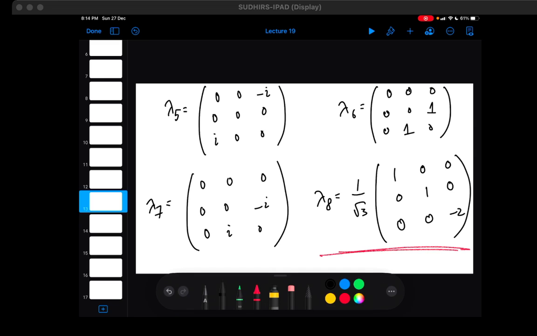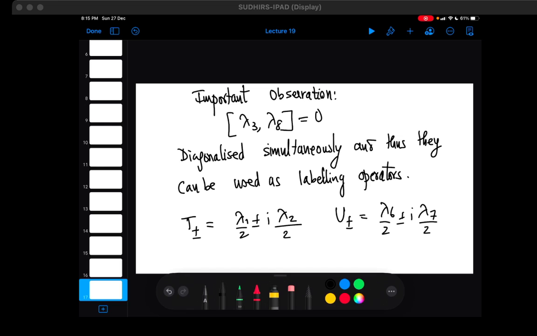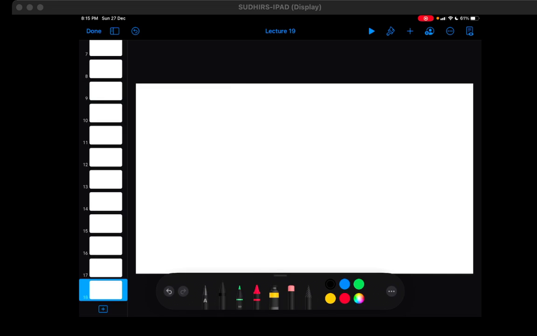So you have one corresponding to the bottom block, another corresponding to 1 and 3, and 1 and 2 already has one. So you have the third raising and lowering operator. Let me call this V plus minus, equal to lambda 4 by 2 plus minus i lambda 5 by 2.